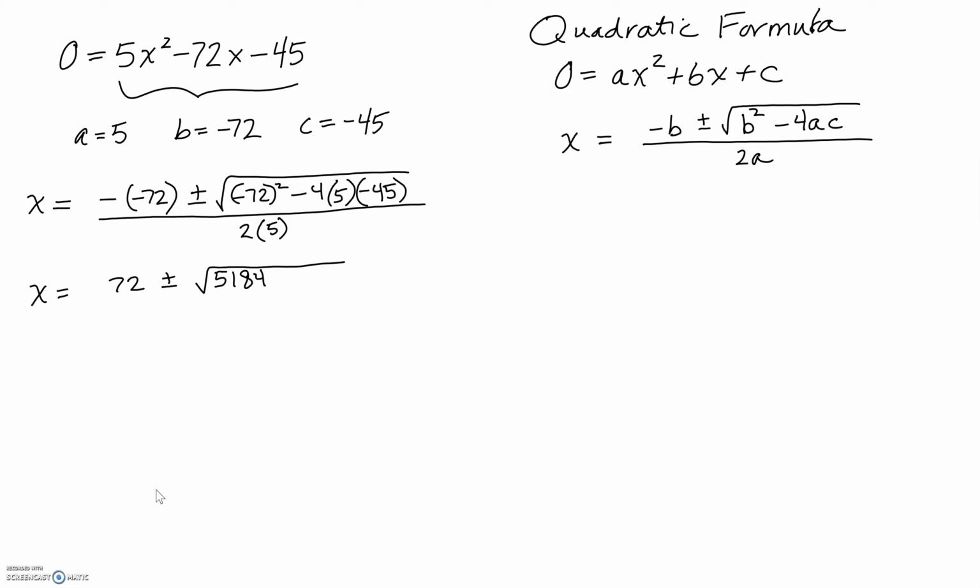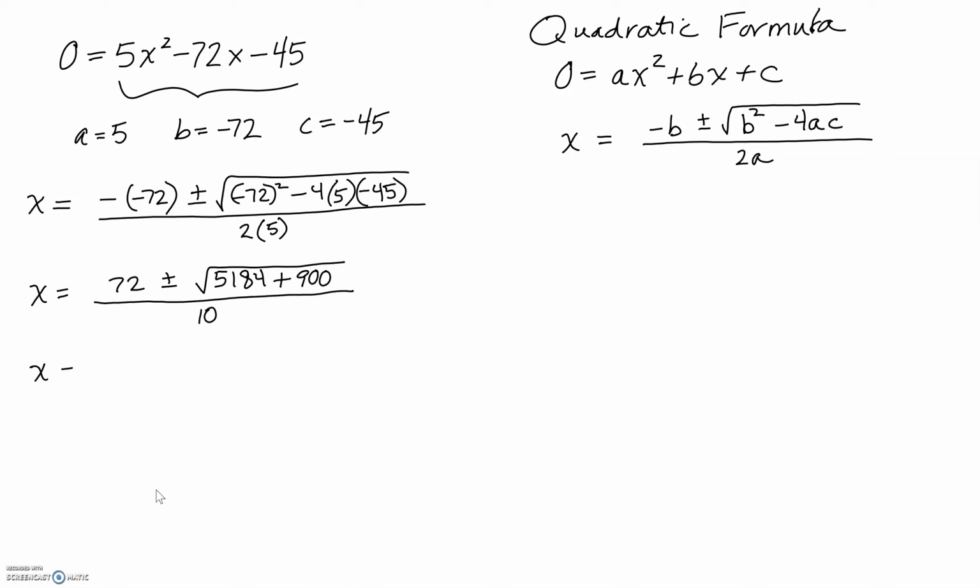Now, we're subtracting, but 4 times 5 times a negative is a negative number. Technically, two negatives make a positive, or a plus, when we do this multiplication. So 4 times 5 times 45 gives me 900. So watch your signs. Those two negatives make that into an addition, all over 2 times 5, which is 10.